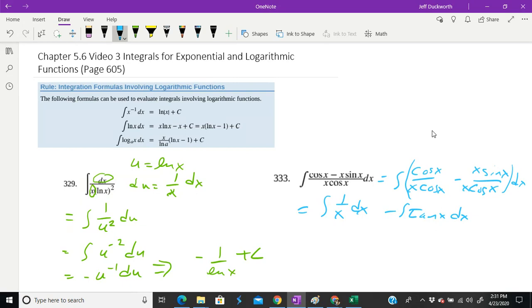I'm going to leave this as sine over cosine. I think that will be easier for us, at least to visualize. All right, so the x's cancel in the second part. We have sine over cosine.